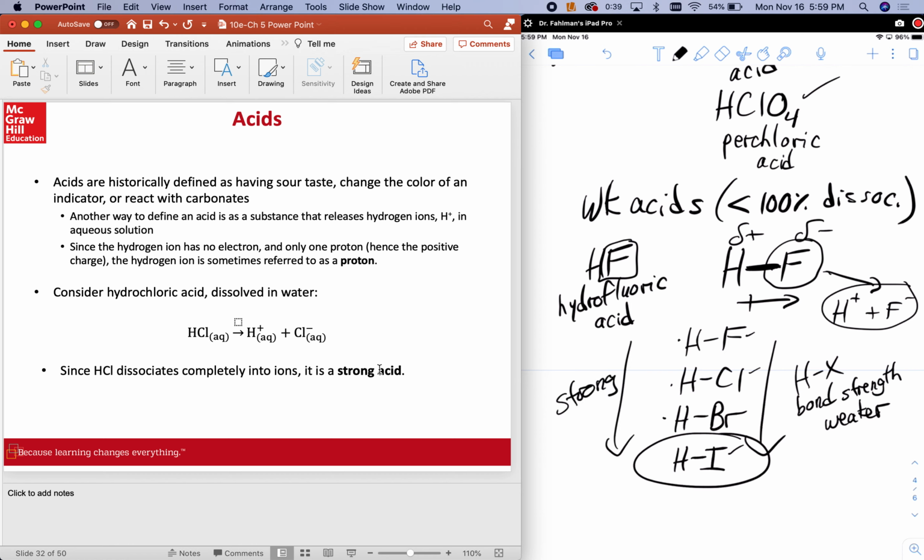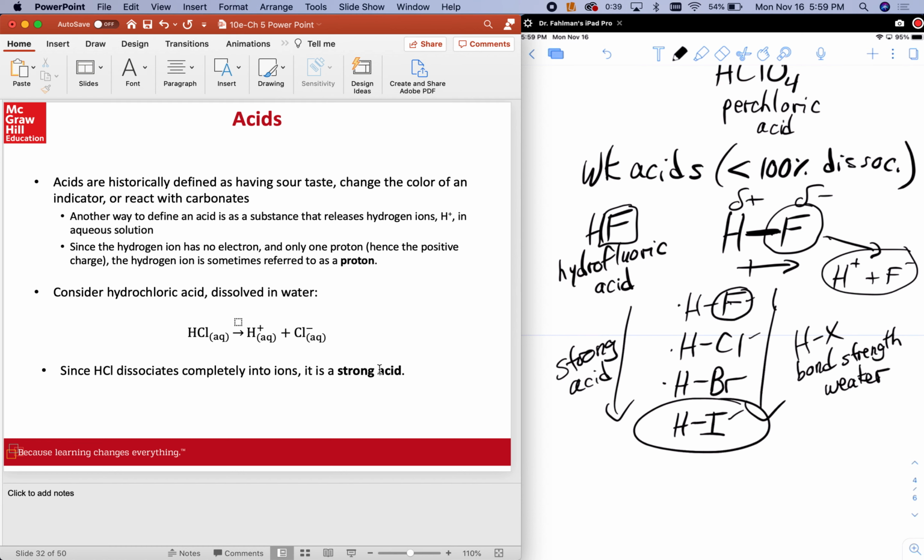It's kind of involved why bonding generally gets weaker as you go down a group in the periodic table, just because the orbitals involved in bonding are smaller.